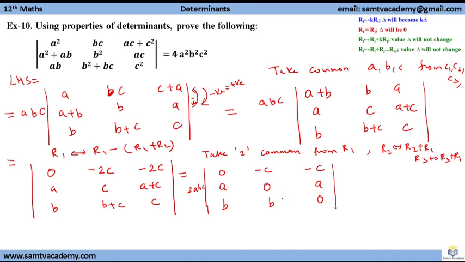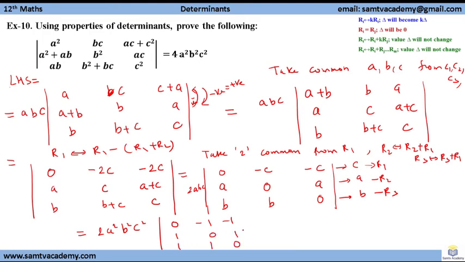Now you can take C common from row R1, from here you can take A common, and here you can take B common, from R1, R2 and R3. So we are left with 2A square, B square, C square, and the determinant 0, minus 1, 1, 0, 1 and 1, 1, 0.